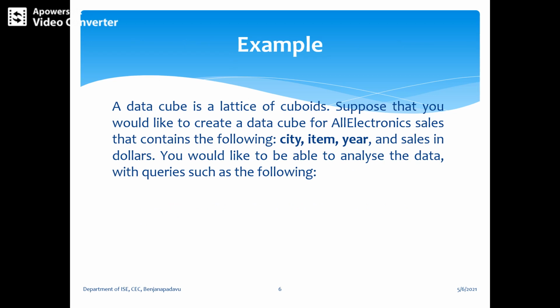Suppose that we would like to create a data cube for AllElectronics sales that contains the following: city, item, year, and sales in dollars. We would like to be able to analyze the data with certain queries.